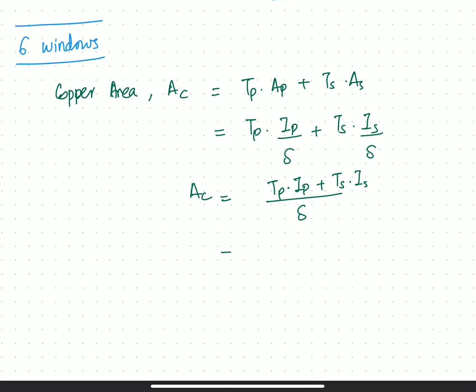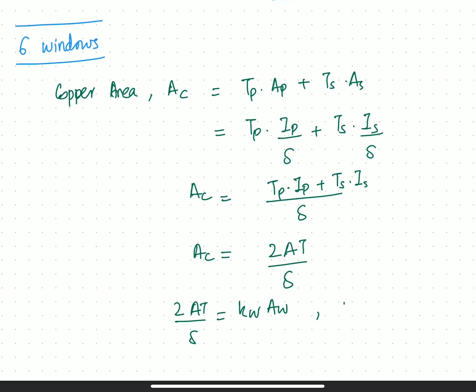If you substitute this TP IP with AT, which is the ampere turns or the MMF, you are left with 2 AT over delta. This 2 AT over delta, you know that it is equal to kW AW from the previous derivations.